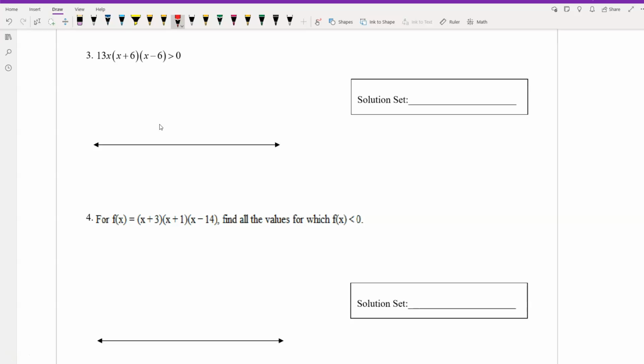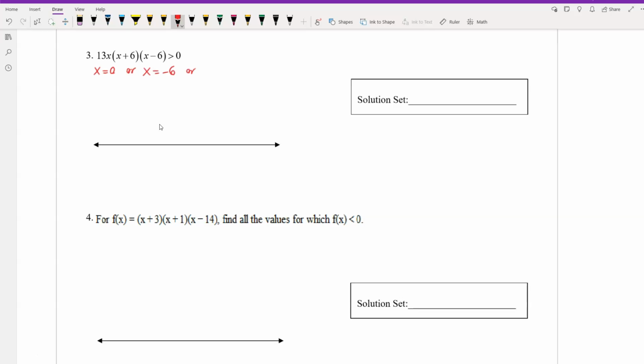Number 3, 13x times (x plus 6) times (x minus 6) greater than 0. So here on this part we should have positive. First solve for x. Then we have 13x equal to 0. Solving for x, x is 0. Or x plus 6 equal to 0. Solving for x, x is negative 6.